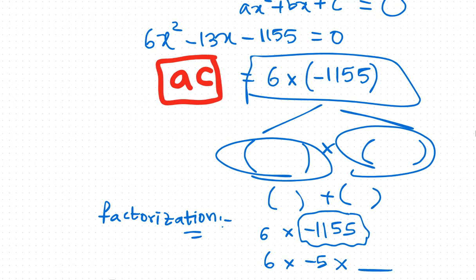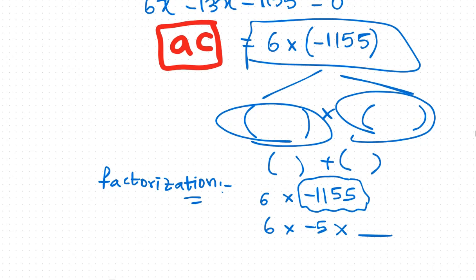How many times do I multiply 5 to get that? So I have to do 1155 divided by 5. That's a decimal, so I have to do the reverse. Oh, 1155, 231. Negative is already here.